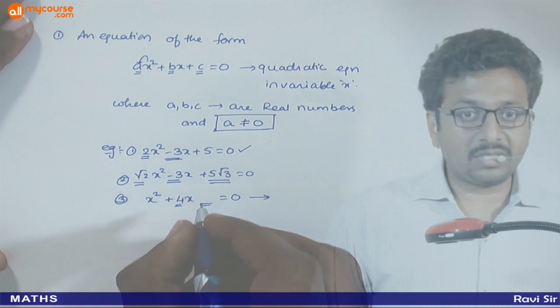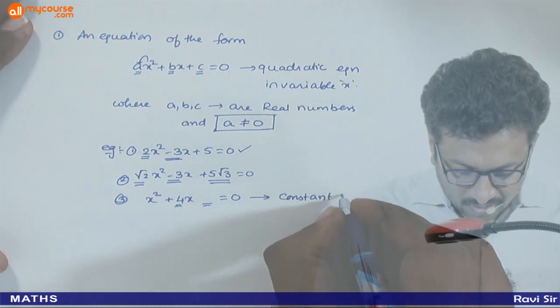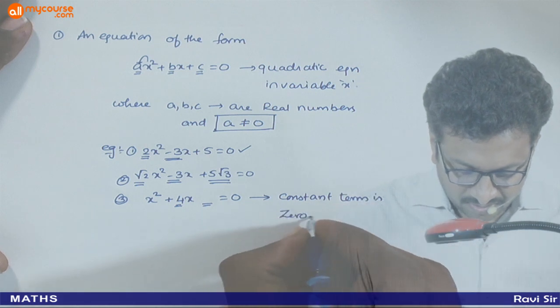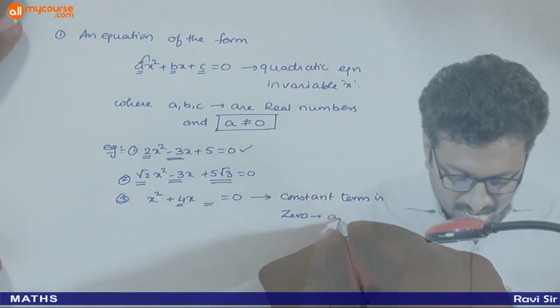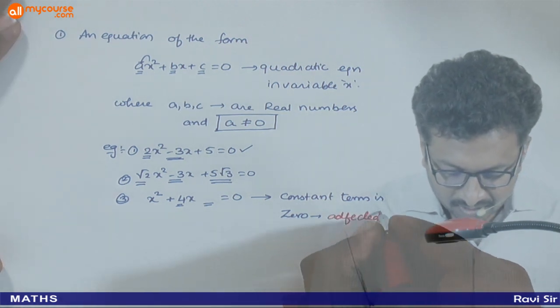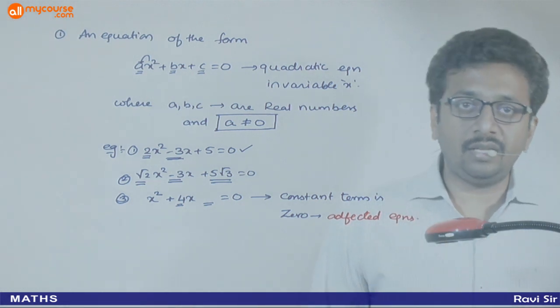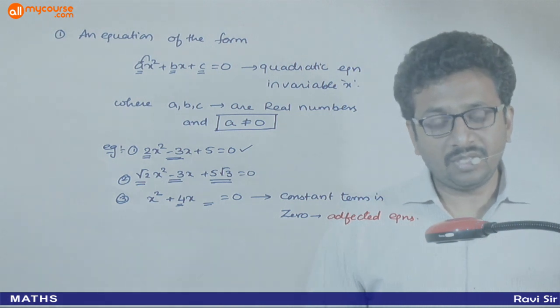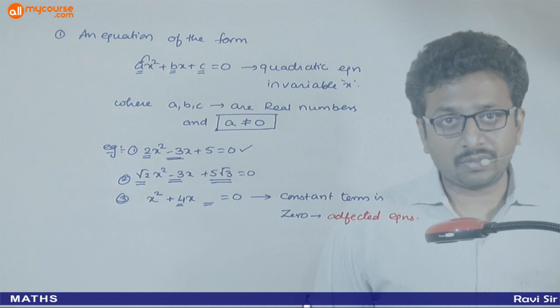So if the constant term is 0, then such quadratic equations are called adfacted equations. क्या है? Adfacted equations. Okay. So if the constant term is 0, such equations are called adfacted quadratic equations.